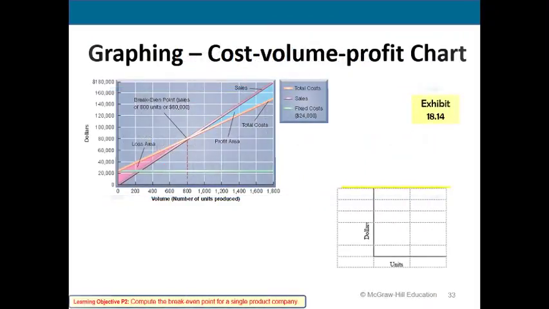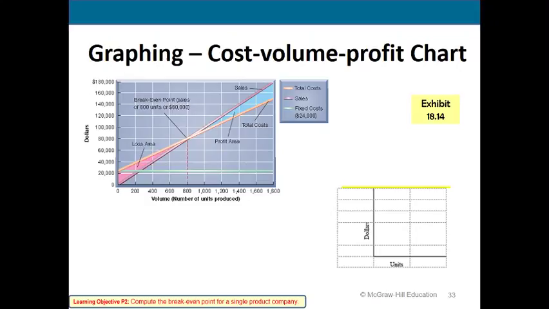You could graph this as well. I'm not big into graphs, so I probably won't give you anything on it, but this is a cost volume profit chart, and this just shows you where your 800 unit sales at the bottom and your $80,000 total sales to break even merge.